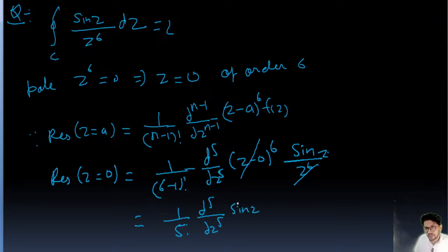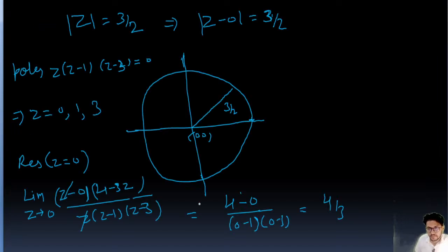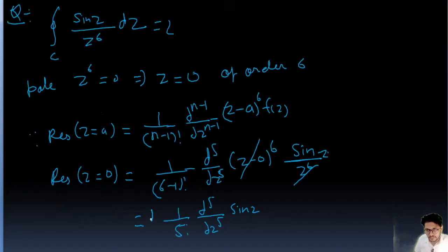We will differentiate sin z 5 times, and this is a limit as well, at z equal to 0.